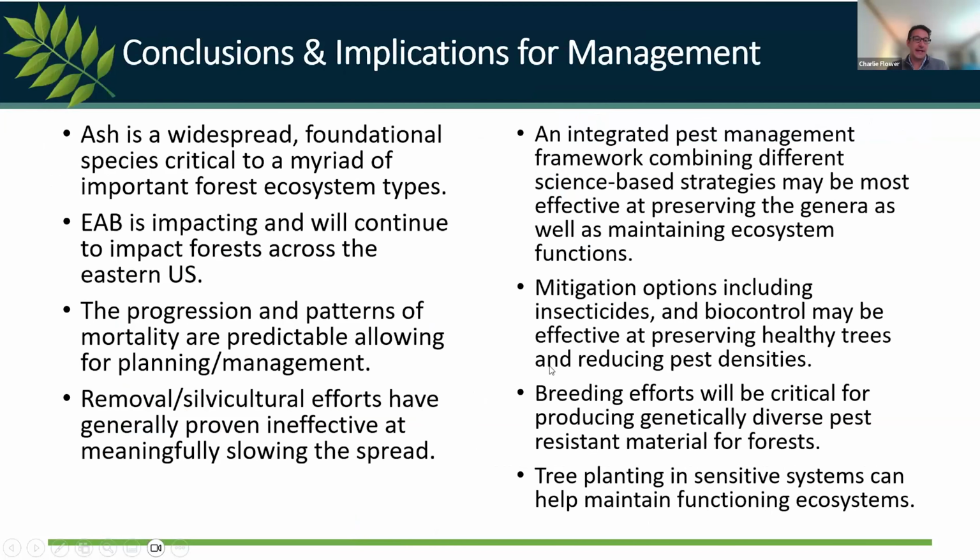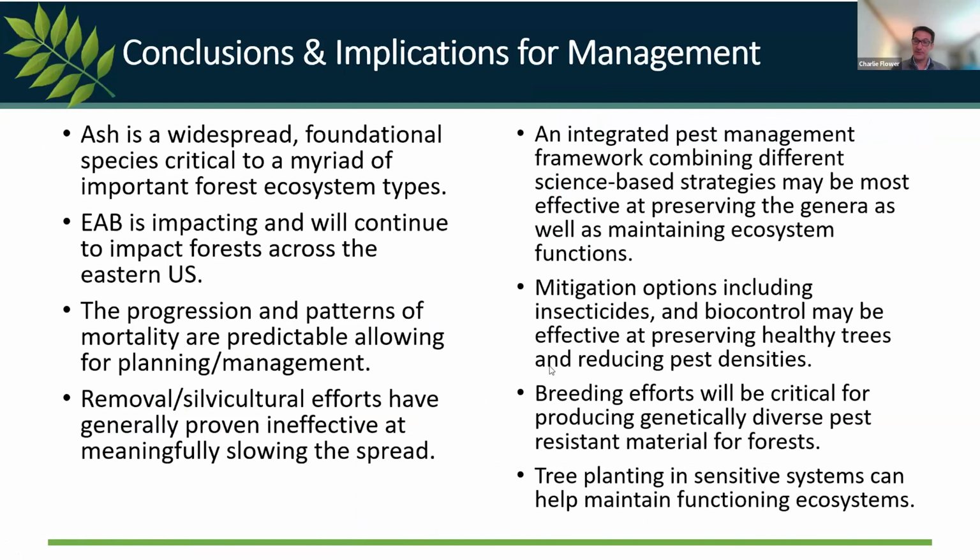So quickly, I can wrap up some of these conclusions and implications for management. Ash is a really widespread foundational species, critical to a myriad of important forest ecosystems. EAB is impacting and will continue to impact these forests across the eastern U.S. The progressions and patterns of mortality are predictable, allowing for planning and management. Removal and silvicultural efforts have generally proven ineffective at meaningfully slowing the spread.